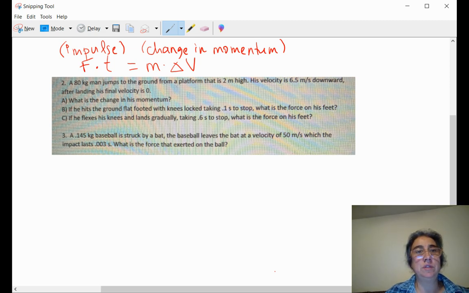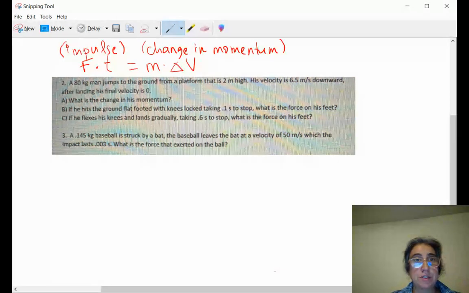All right, so this question is about the impulse. It's kind of related to the momentum we just talked about earlier. So we have this problem where a man jumps, and here we talk about an initial velocity, a final velocity, and then we talk about the time that it takes to have this change.